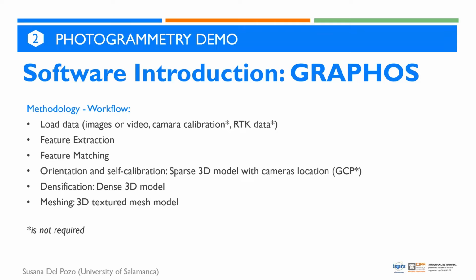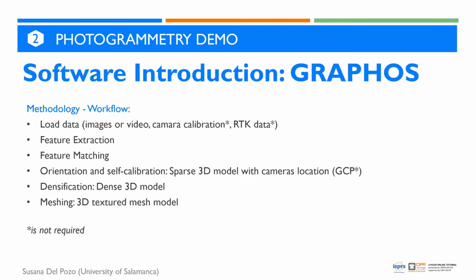That solves both the position of the cameras and their calibration in case we don't have it previously. Also, in case we have RTK data, here we will use it. If the images have GPS data in the EXIF, this data will be used for this process, and otherwise we can get a relative orientation.